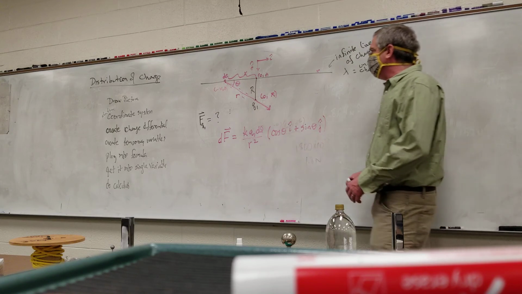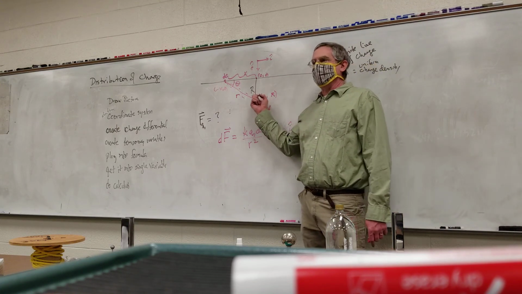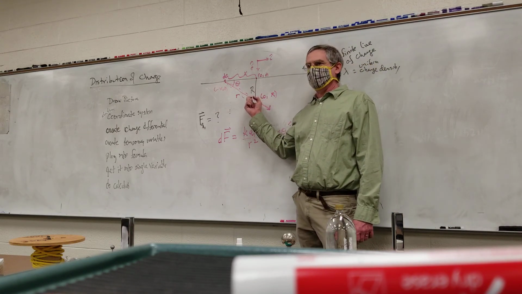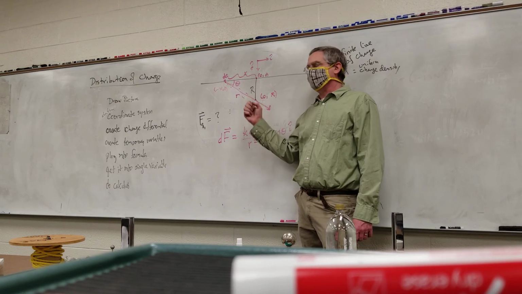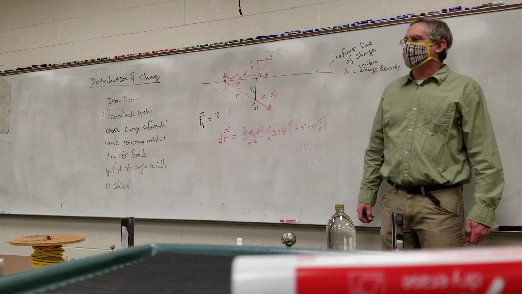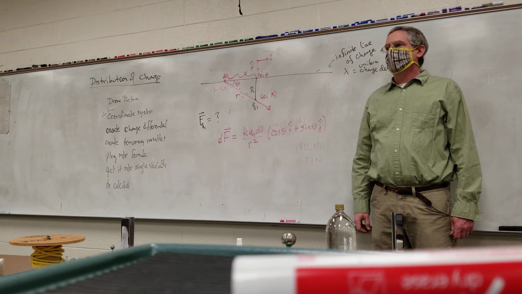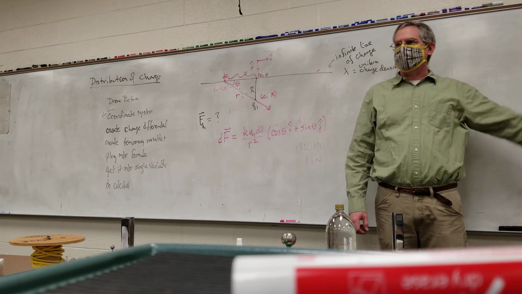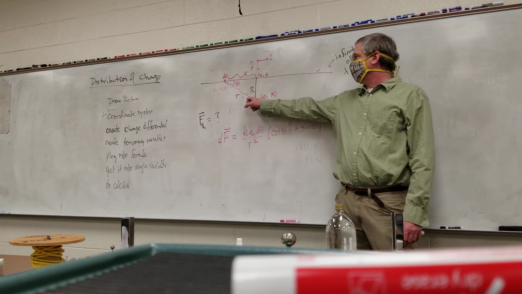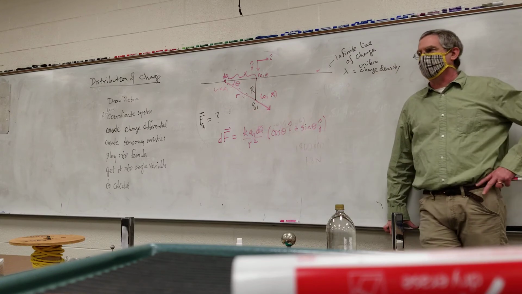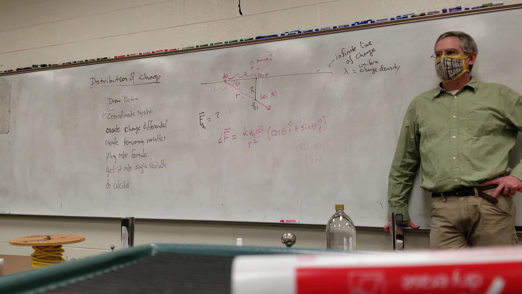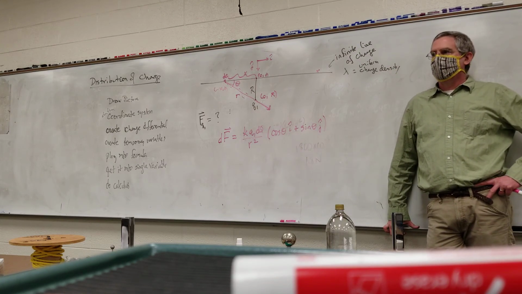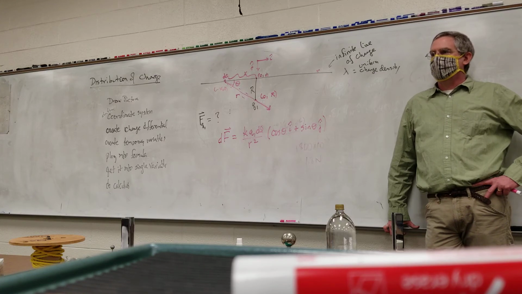Now, ultimately, I can think through what the final direction of the force acting on Q1 is. When all is said and done, when we've gone through all the math, what would you expect the direction of the force on Q1 to be from the entire line? With respect to the coordinate system? Yeah.